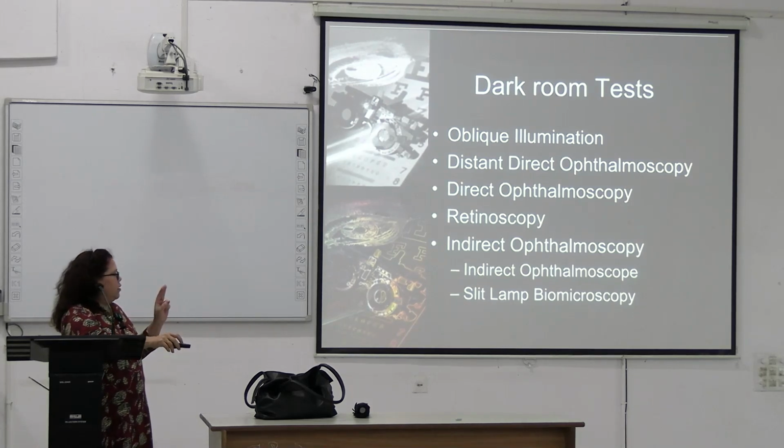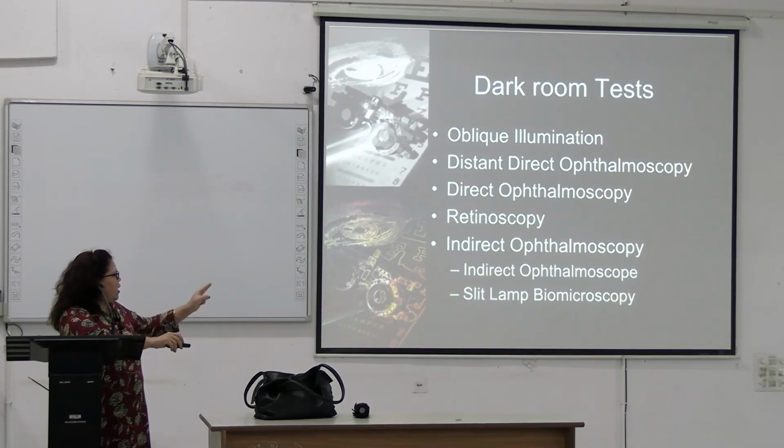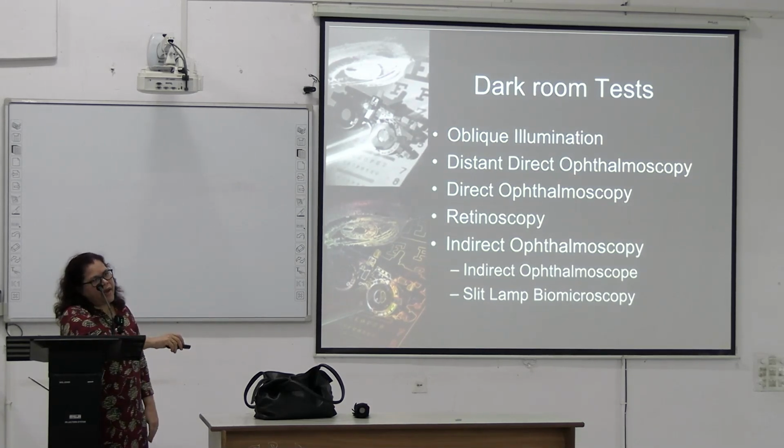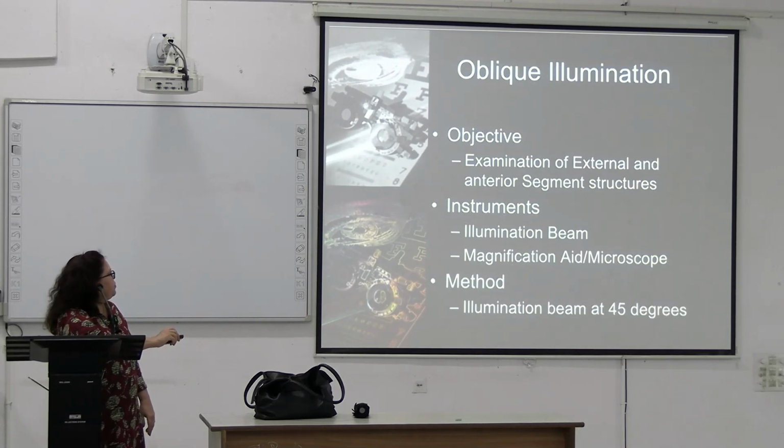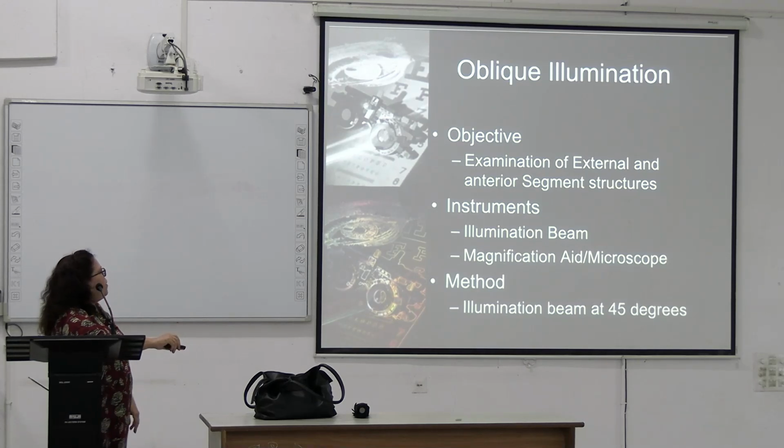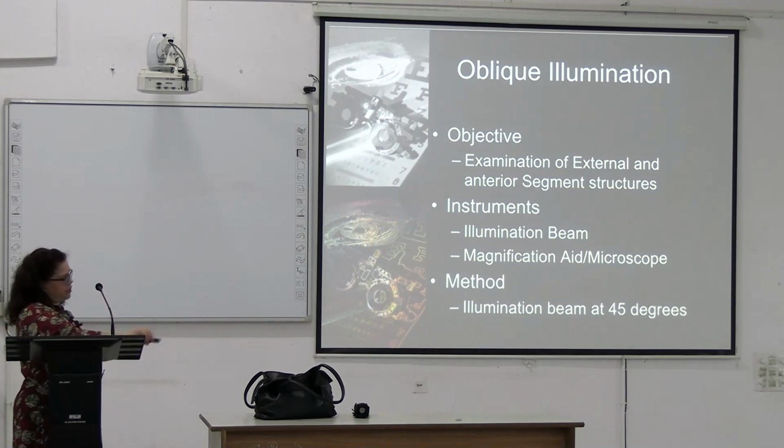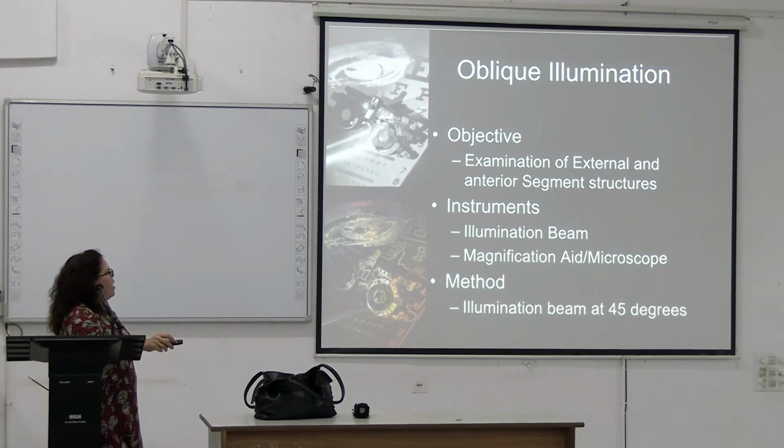Through slit lamp biomicroscopy, we need a 90D lens. So, oblique illumination objectives: the examination of the external and anterior segment structures.